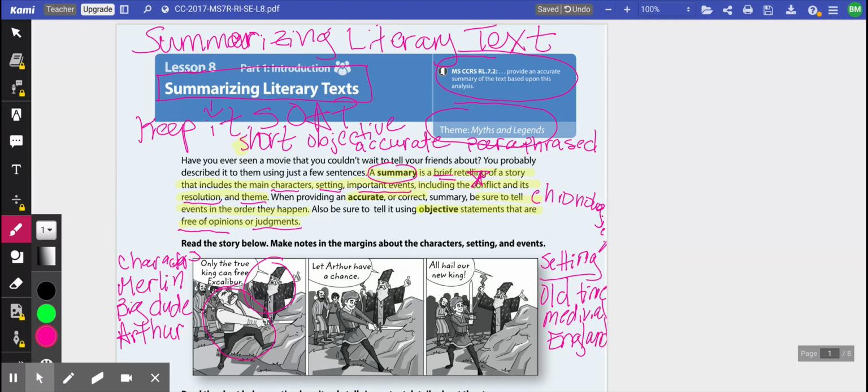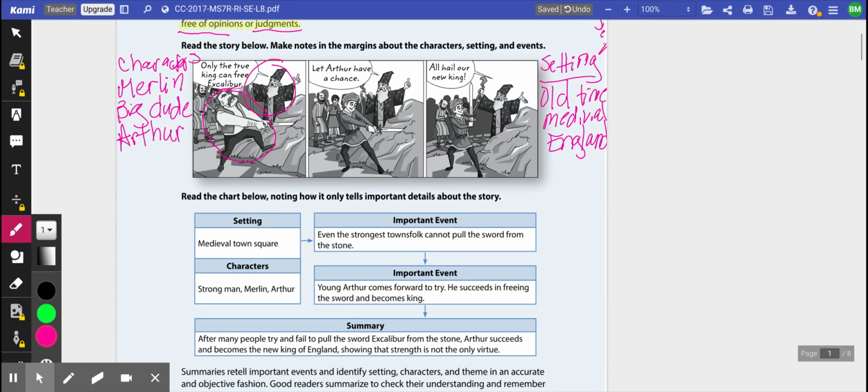Okay. Now, what's our conflict? Well, our conflict, remember we use the star for that one. Conflict. Well, the problem that they're having is getting the sword from the stone.